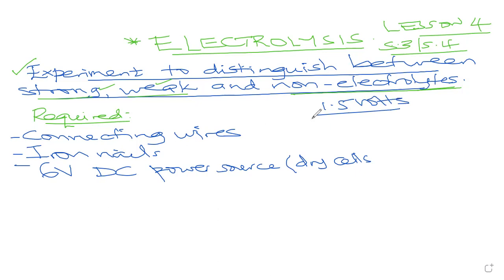So if each is 1.5 volts, that implies 2 of them are 3 volts. So we may need 4 dry cells, each 1.5 volts, which will give us the 6 volts DC power supply. So you'll see the amount of energy we need for this experiment to give us positive results.